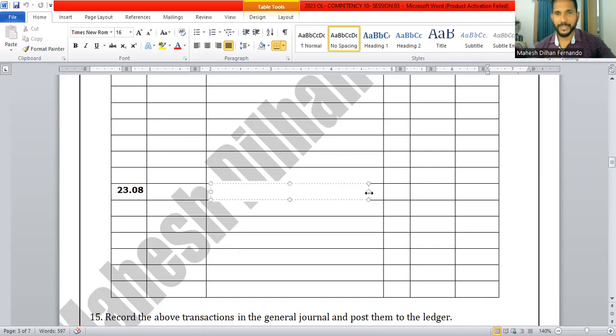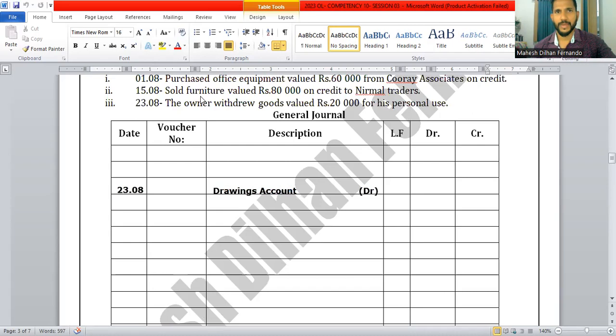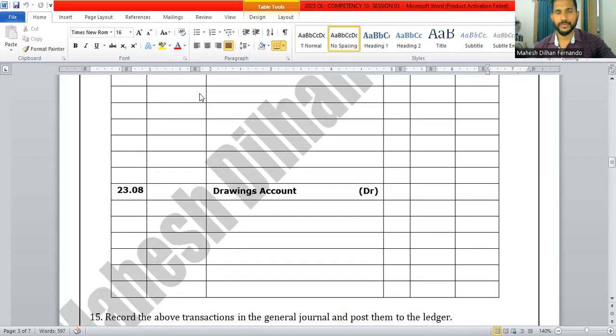Look at the double entry. Drawings account debit. What is the value? The value is 20,000.